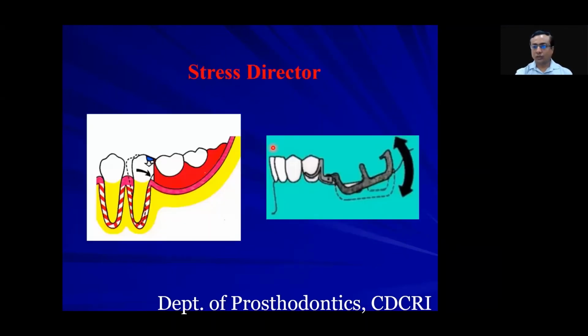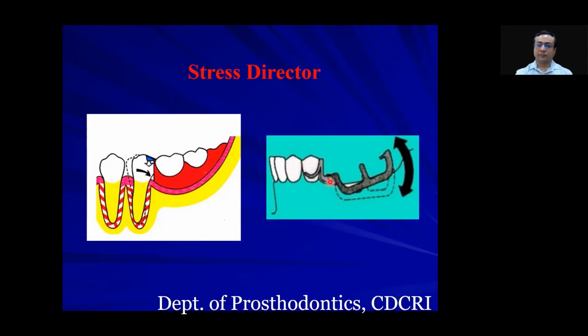Now, how to overcome this tilting? There are various ways. One of the ways we have seen is direct retainage. Another thing is by using a stress director. A stress director is something like this. The denture base moves independent of the direct retainage.